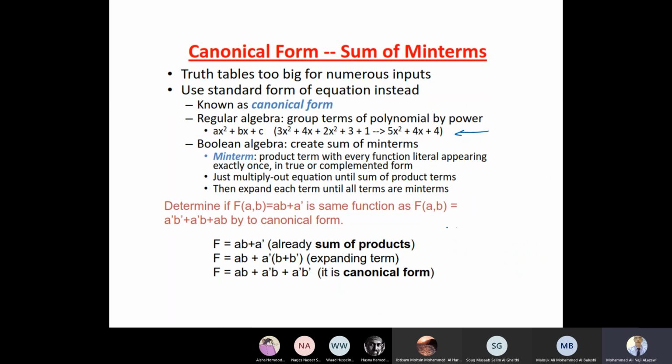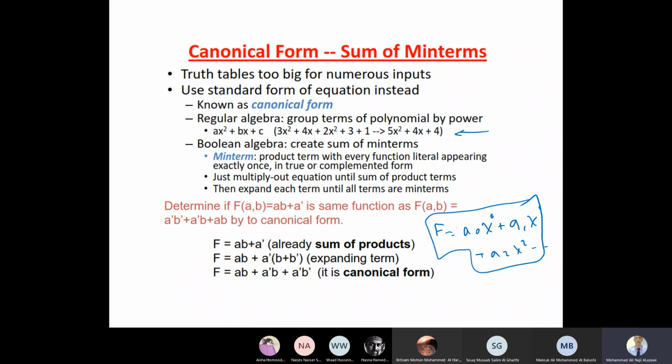Usually, we represent f, this in mathematics, not in digital, as a0 x to the power 0 plus a1 x to the power 1 plus a2 x to the power 2, and you can continue. The same thing here, okay? So you can represent any equation using this polynomial. They call it a polynomial. Boolean algebra creates sums of minterms.